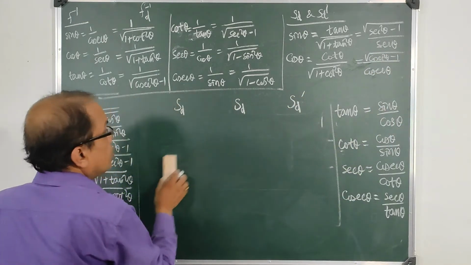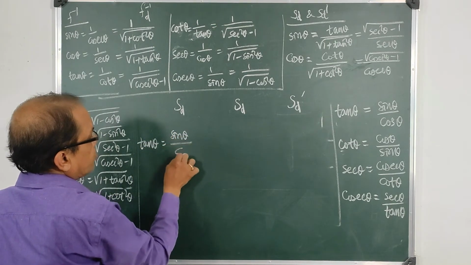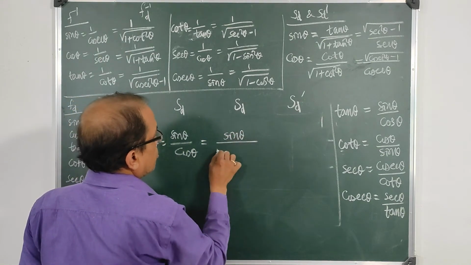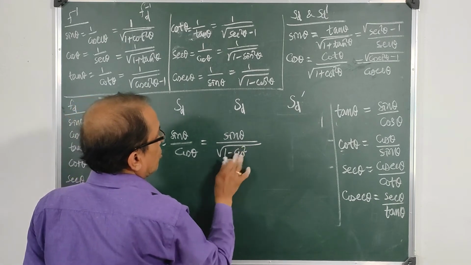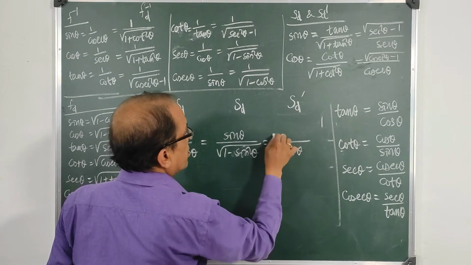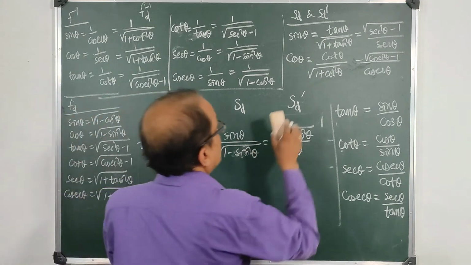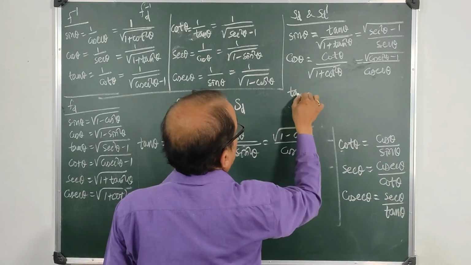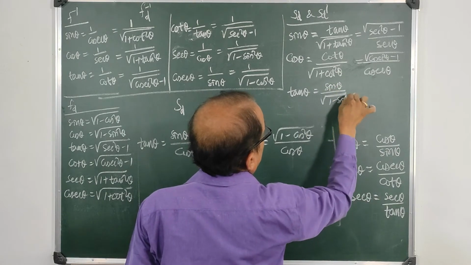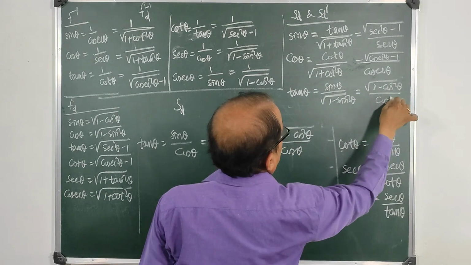Next comes tan theta, which is sin theta upon cos theta. Similarly, we can keep sin theta and change cos theta as root over 1 minus sin square theta, or keep cos theta and change sin theta as root over 1 minus cos square theta, and write it here. Tan theta will be sin theta upon root over 1 minus sin square theta, or root over 1 minus cos square theta upon cos theta.